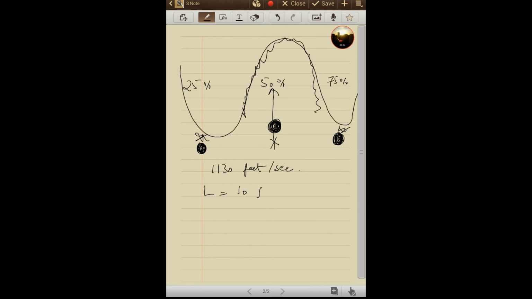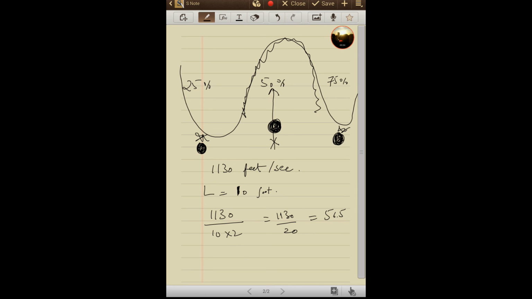In order to find that standing wave, or the frequency we were talking about, we divide 1130 by the length of the room times 2. 1130 divided by 20 comes to 56.5 hertz.